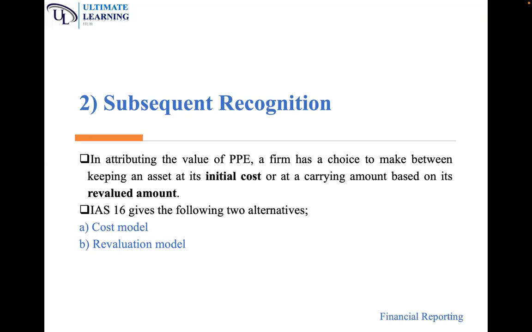Now, initial recognition is recognition for the first time. Now, what do we do in the recognition for the second time? Under recognition for the second time, IAS 16 gives you 2 options. You can either use what we call the cost model, or you can use the revaluation model.